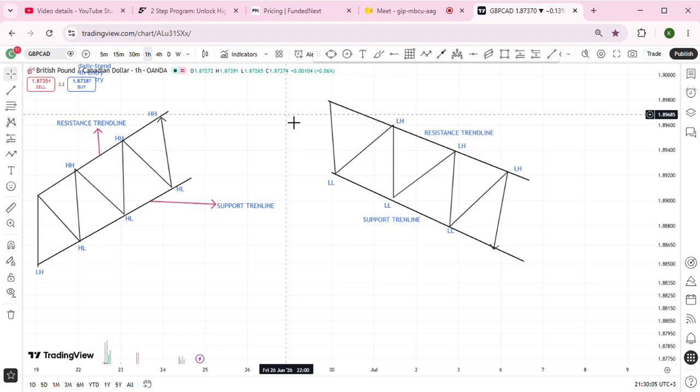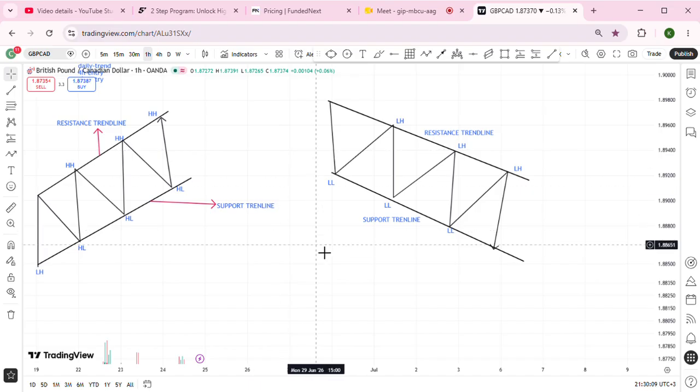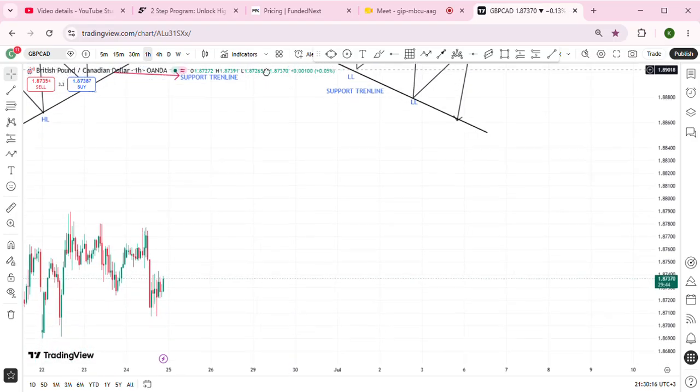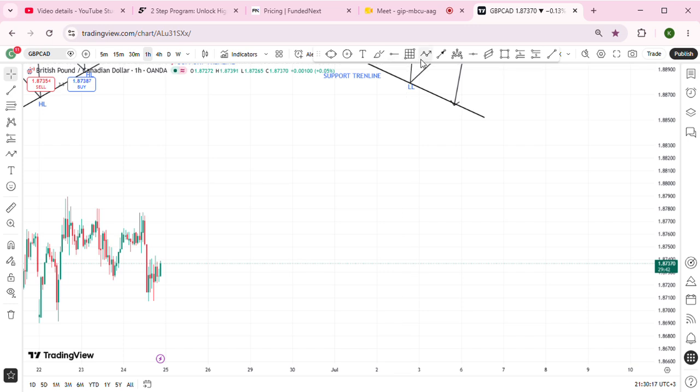Remember, we said we have three types of market trends. We have one remaining, and that is what we call a consolidation or a ranging market.